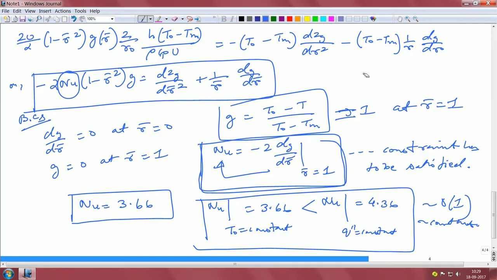And for fully developed flow, the circle shows the largest value of Nusselt number, and the same thing is valid for the isothermal wall also. For any other cross section, you actually have a reduction in Nusselt number.